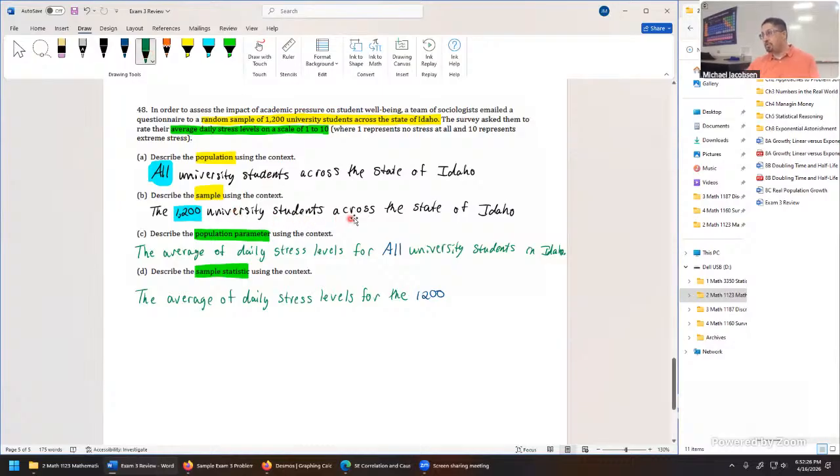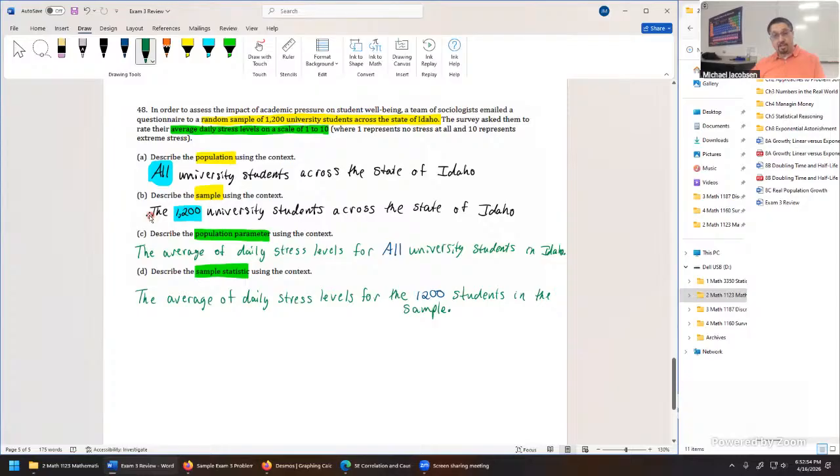And we can say university students in the state of Idaho, but if you change this to make it a little bit more brief, it's for everyone in the sample, and that's fine to say in this problem. So say for the 1,200 students in the sample. So that would be a write-up for this kind of question.